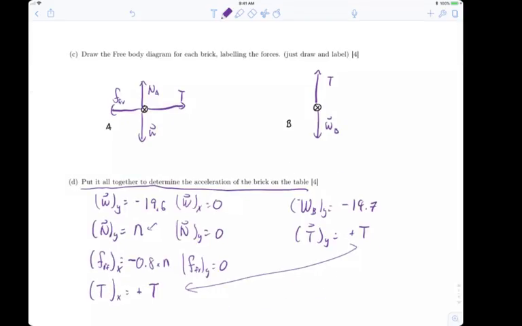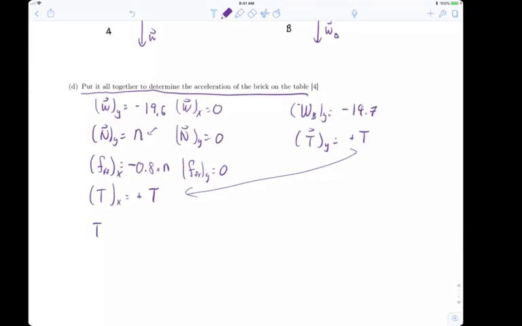So in the x direction, t minus 0.8 times little n is equal to 2 times a. And in the y direction, they add up to 0. So minus 19.6 plus little n, and there aren't any other n terms.